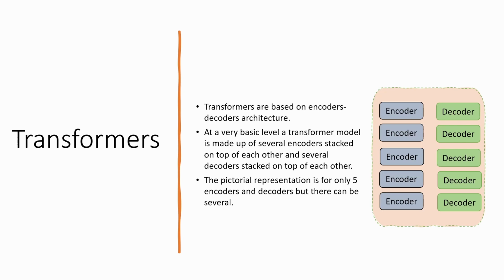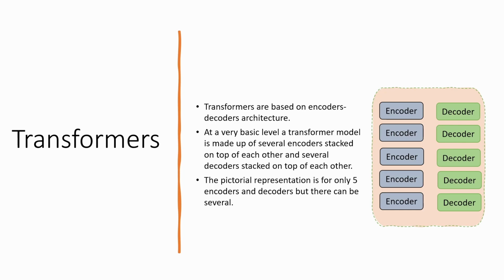Transformers are basically made up of stacks of encoders and decoders, and at a very basic level, there are several encoders and decoders which come together to impart certain functionality to a particular transformer model depending upon the training and the training data that goes into the entire process of getting a transformer ready to perform certain tasks.